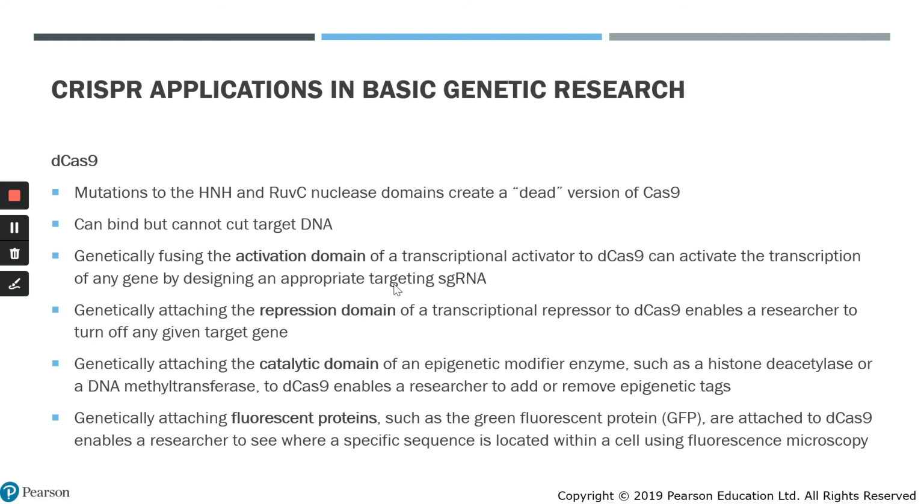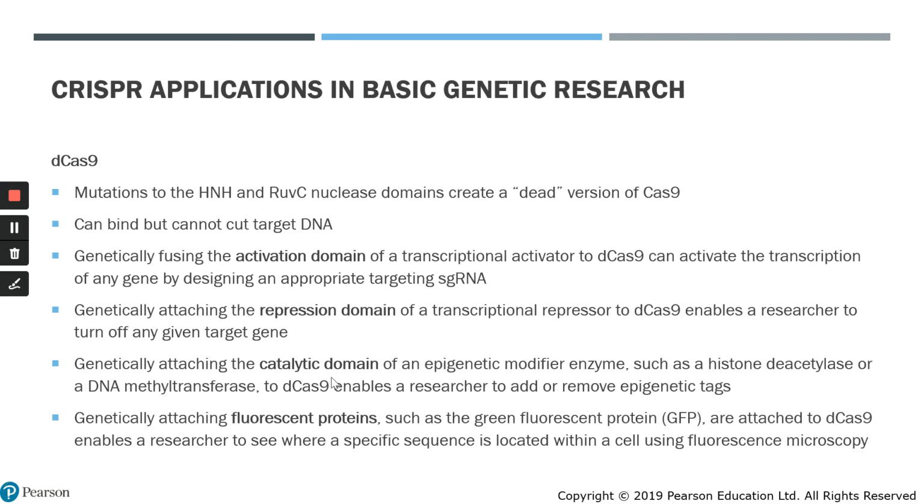In the same way, dCas9 can be fused to a repression domain. This transcriptional repressor can then be targeted to a specific gene, and this will allow the researcher to turn off any targeted gene as they wish to do so using dCas9.